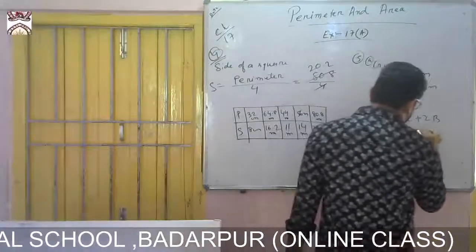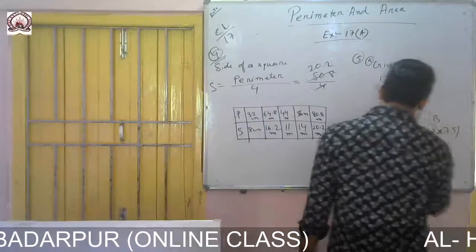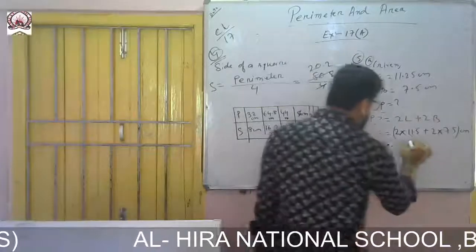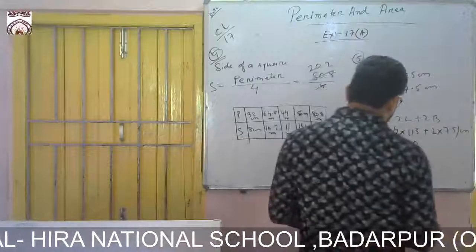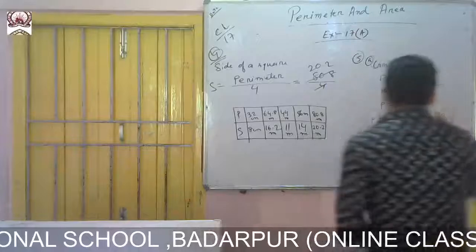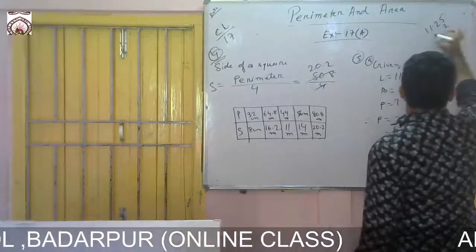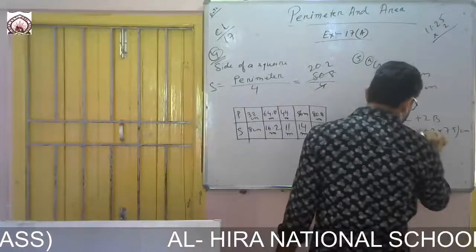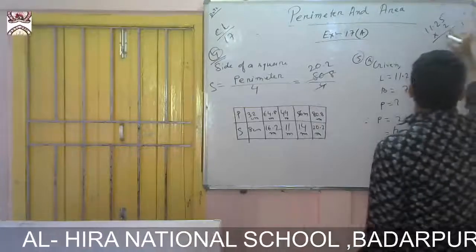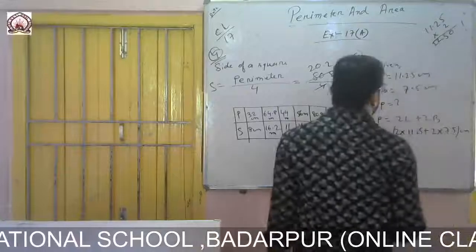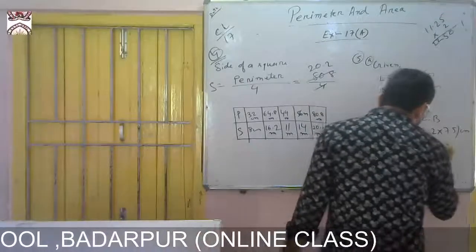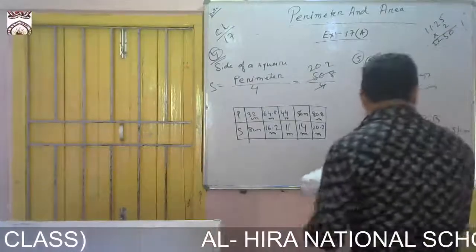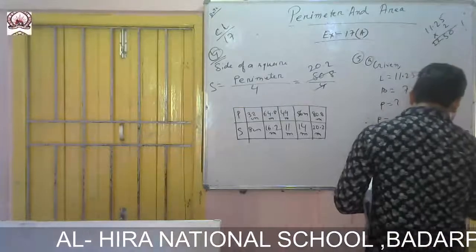So 2 into 11.25 plus 2 into 7.5 centimeter. 2 into 11.25: 2 fives are 10, 2 ones are 2, so 22.50. Then 2 into 7.5: 2 fives are 10, 2 sevens are 14 and 1, so 15.0.